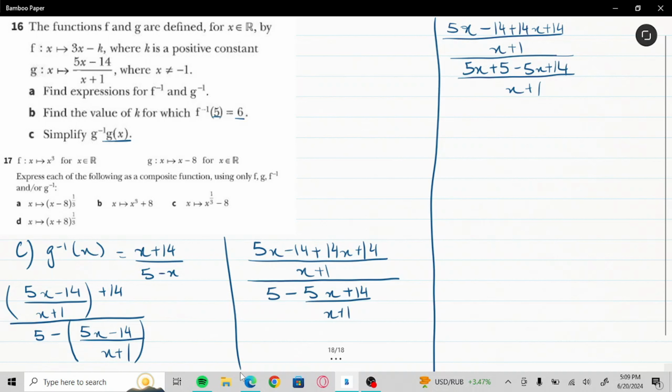We have taken the LCM, multiplying 5 by x plus 1. So simplify this. Minus 14 and 14 are cut down. 5x and minus 5x are cut down. 5x plus 14x is equal to 19x upon x plus 1, divided by 19. 5 plus 14 is 19, divided by x plus 1.